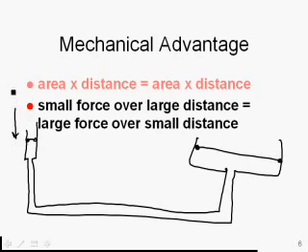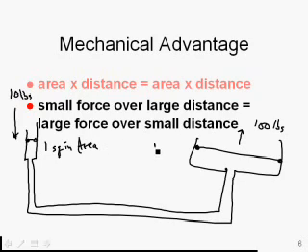In the previous example we had 10 pounds, and here we could apply 100 pounds because the ratio was 1 square inch of area, and here it was 10 square inches of area. So that direct relationship still keeps working for us.